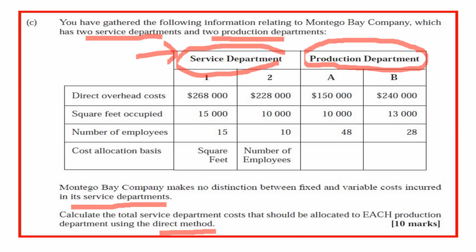You're noticing a relationship here, right? But if you use the direct method to apportion these costs, it will ignore the relationship here and just deal with the relationship here. So let's see how we go about working that out.